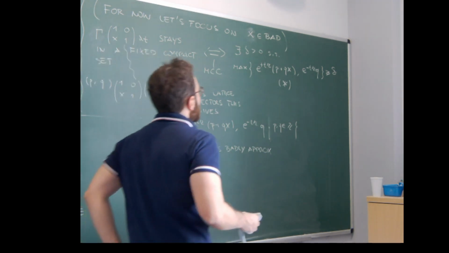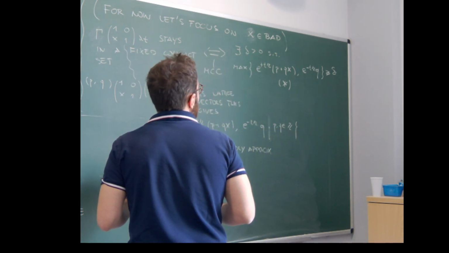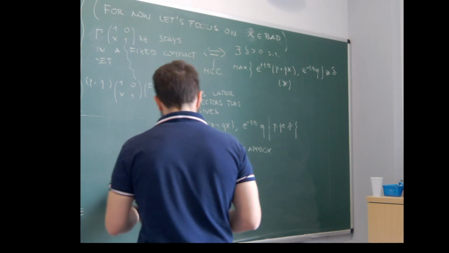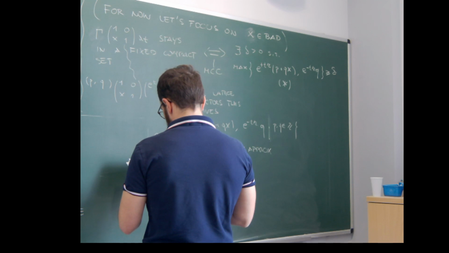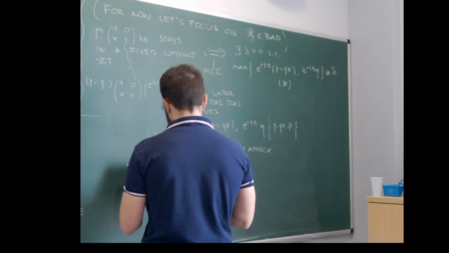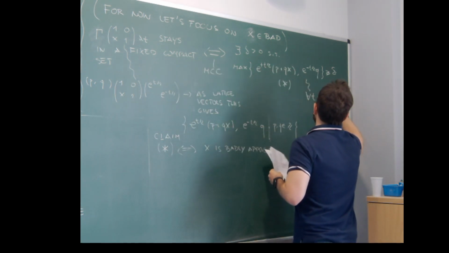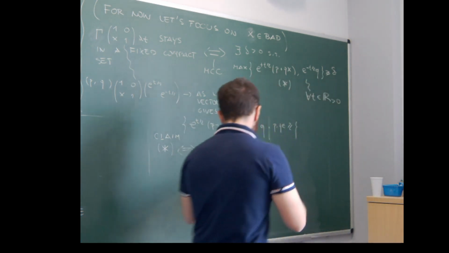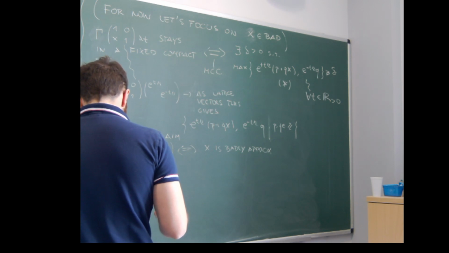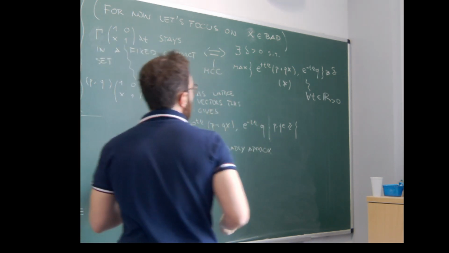Okay, so one direction is, okay, so let's see. q times qx. Sorry. And this has to be true for all t positive. Okay? And so if this is true for all t positive, what do you have?